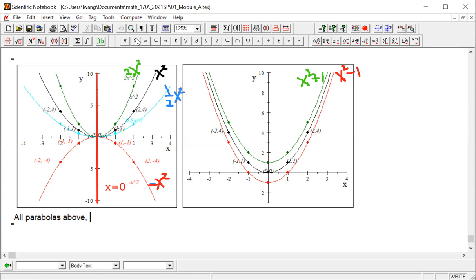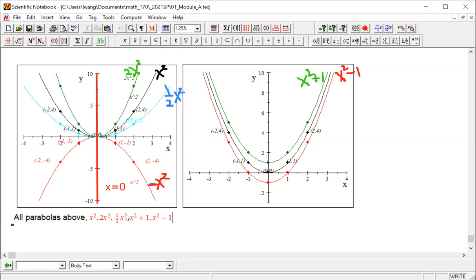They are x squared, 2x squared, half x squared, x squared plus 1, and x squared minus 1.